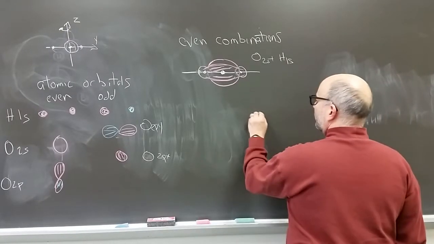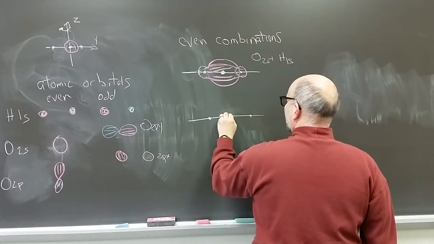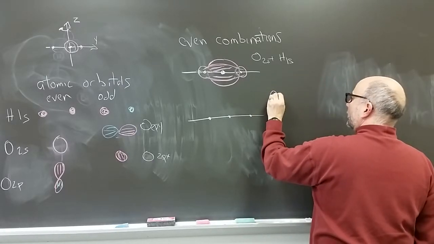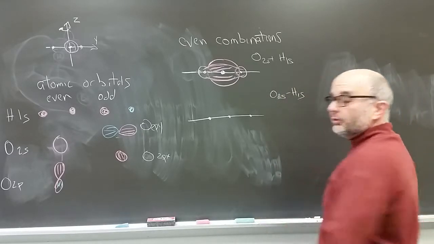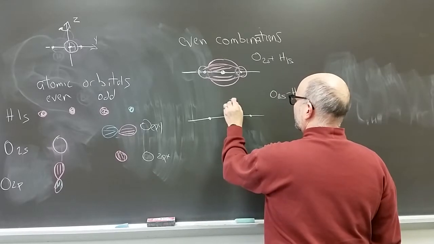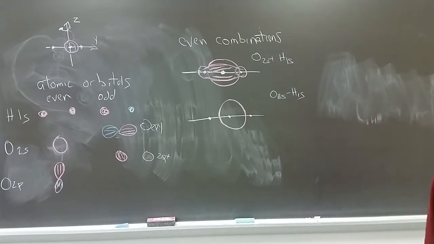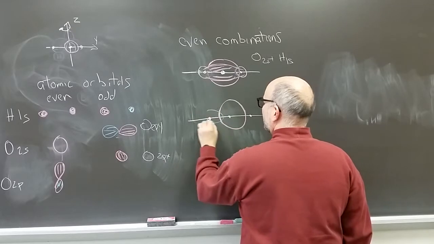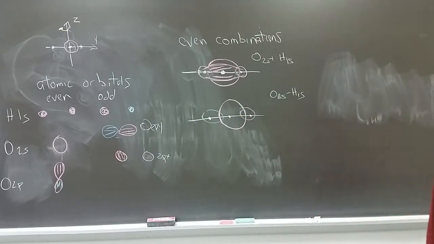The other way that you would combine these two, this would be the same set, if they were not of the same phase. So this would be, for example, oxygen 2s minus the even hydrogen combination. What would that look like? Well, we still have the oxygen 2s, except now the hydrogen 1s's are the other phase, the other color.